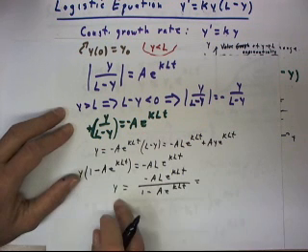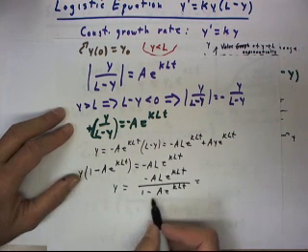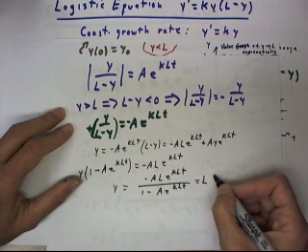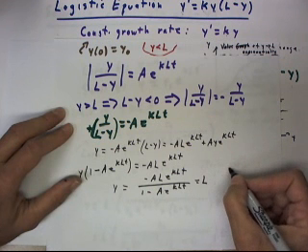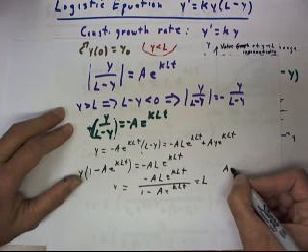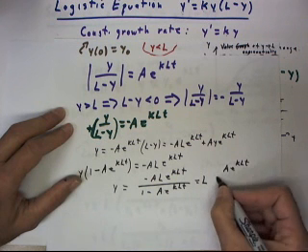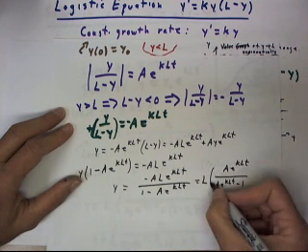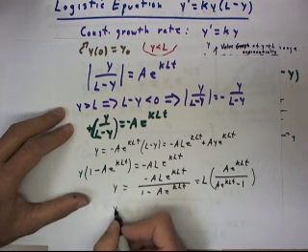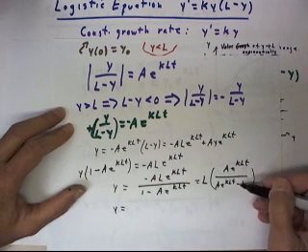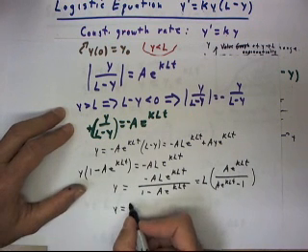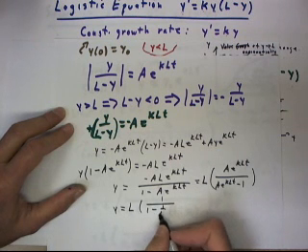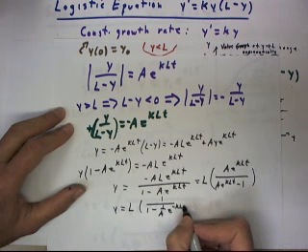If we factor out an L and reverse the signs in the denominator to compensate for the negative sign here, we end up with L multiplied by A e to the KLT over A e to the KLT minus 1, and then dividing through by A e to the KLT, we end up with y equals L times 1 divided by 1 minus 1 over A e to the negative KLT.